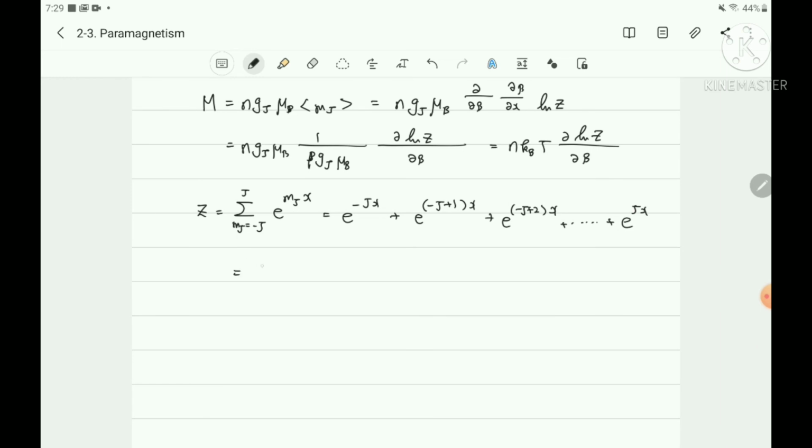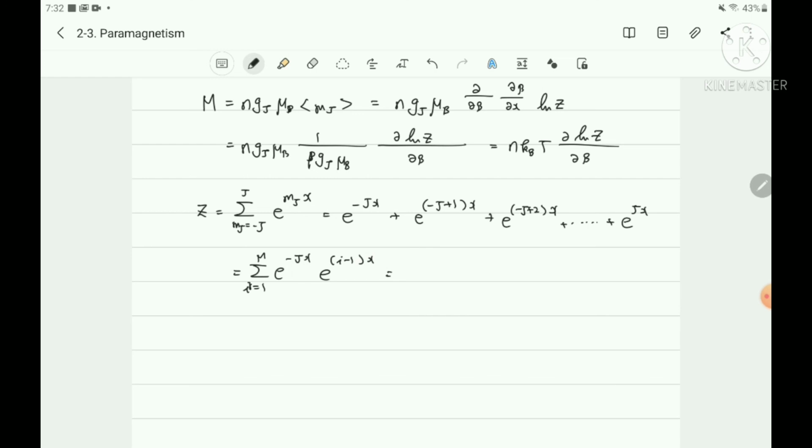When we extract exponential minus jx, the sum over i from 1 to m gives exponential i minus 1 x.